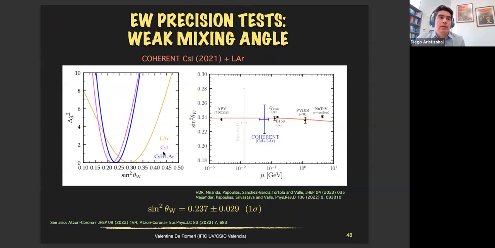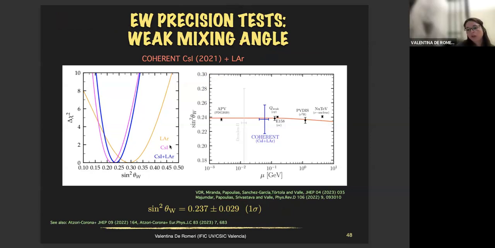And there you have three data sets: liquid argon, then cesium iodide 2017, and then cesium iodide 2021, right? Okay, no, we only use the 2021 because it's more complete. It has more data. I mean, it is supposed to include already the 2017 results. Okay, so everything is included there. Okay, thank you.